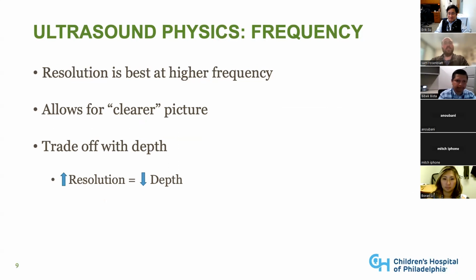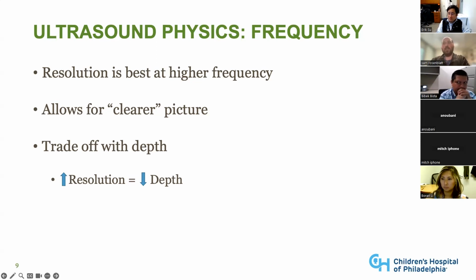So just thinking about this and breaking it down, let's talk about frequency for a second, right? Resolution is best at high frequencies. If you think about a sound wave that has a high frequency, the waves are very close together. That allows you to discern different objects that are very close together as well, because it can discriminate the two. It allows you to have a clearer picture, so you can discriminate what's different between those two objects and where they are.